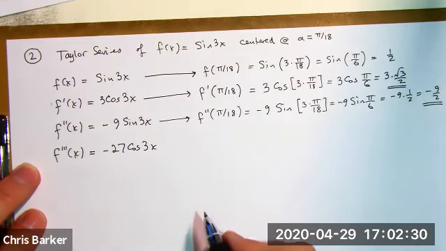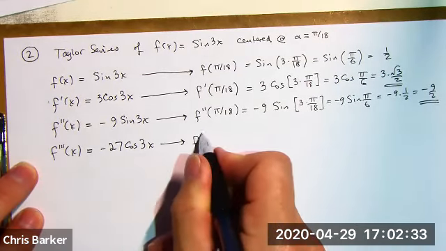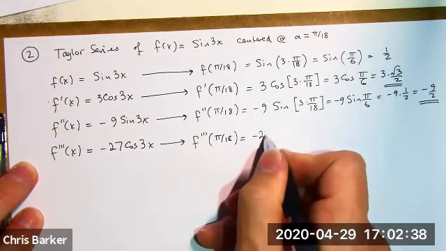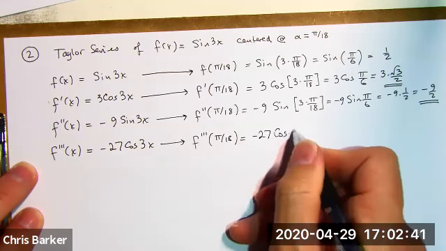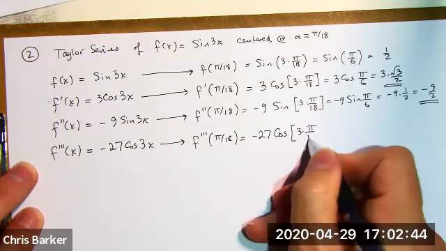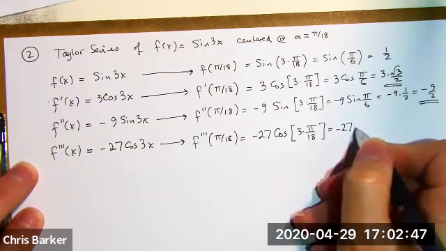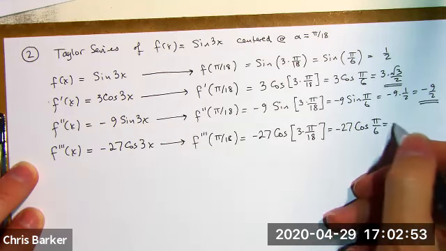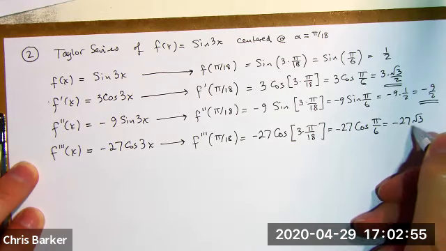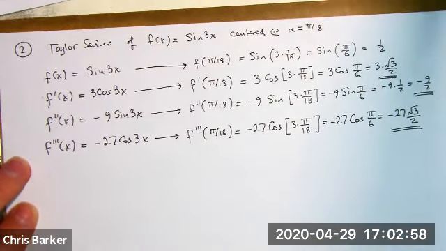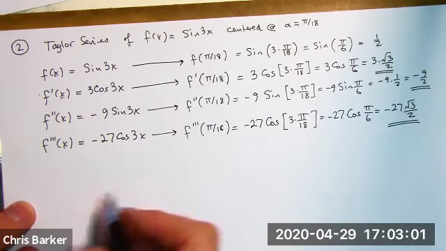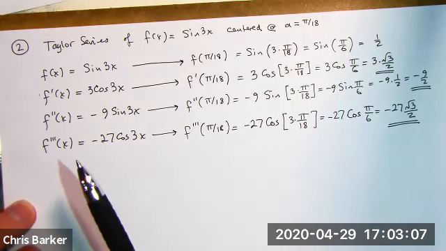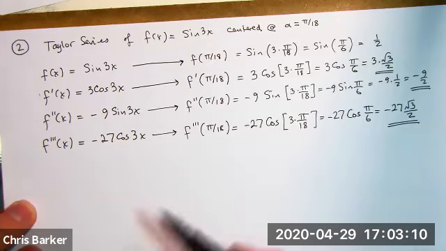Okay, and one more, f triple prime at pi over 18 is negative 27 times the cosine of 3 times pi over 18, negative 27 times the cosine of pi over 6, which is negative 27 times the square root of 3 over 2. All right, so we got those. Those didn't go too badly. At least they were all values we had from memory, either the sine or the cosine of pi over 6 in each case. All right, so now we write out the answer.